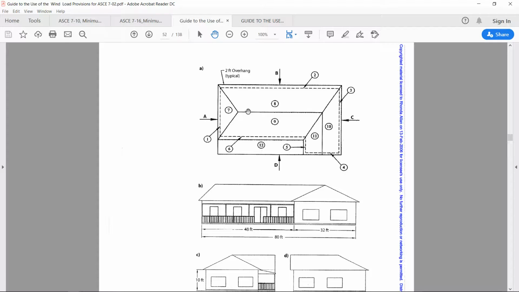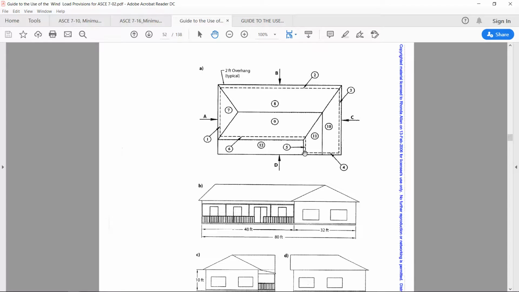Now, to define the wind load, we have to take all the possible load combinations and all the wind directions. So here there are 4 directions defined. That means the wind may blow in direction A, direction B, direction C, or direction D. And because of that, for example, if it is blowing in direction A, it will apply pressure on wall or face A, which will be windward.